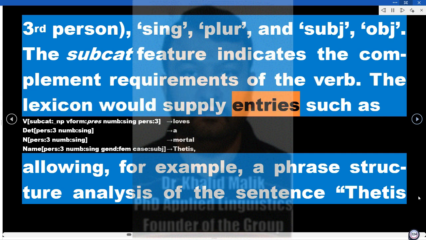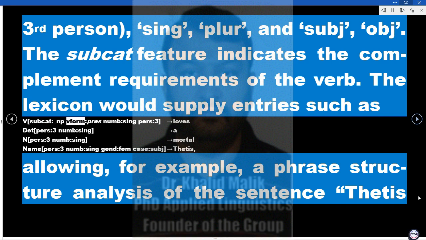The lexicon would supply entries such as V[subcat _NP, VF pres, num sing, +3] loves, DT[+3, num sing], N[+3, num sing] mortal, name[+3, num sing, gen fem, case subj].